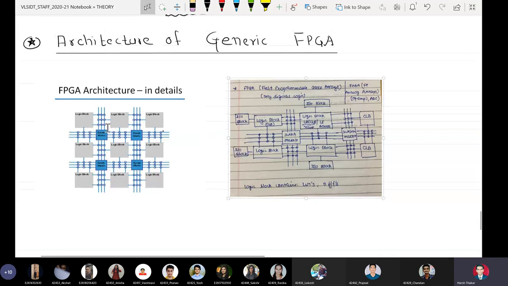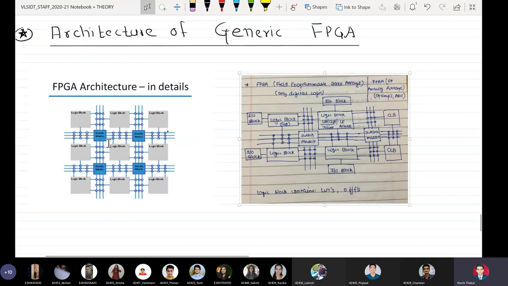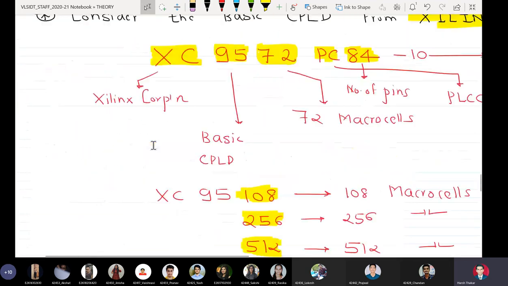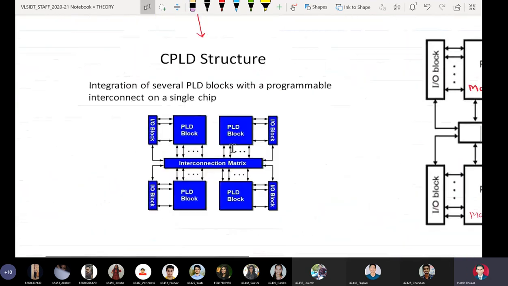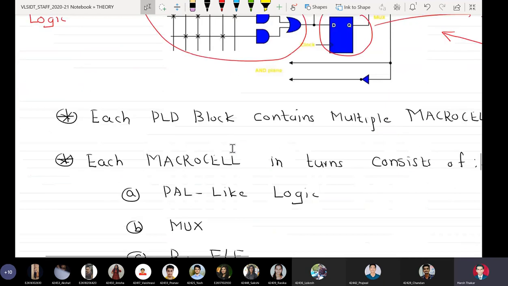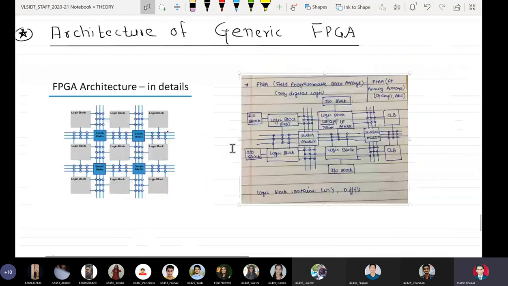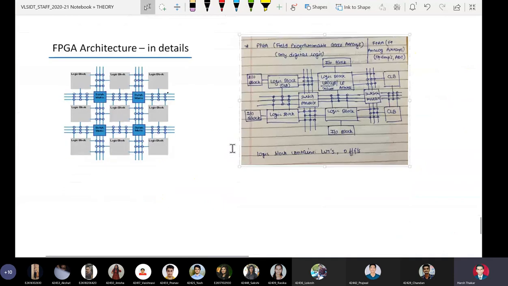If you see the left side architecture, we have logic blocks, and they are connected through a switch matrix. So we can say, just like the CPLD is a combination of multiple PAL-like blocks or PLD blocks, similarly FPGA is a combination of multiple logic blocks.